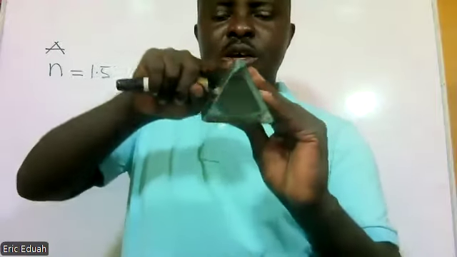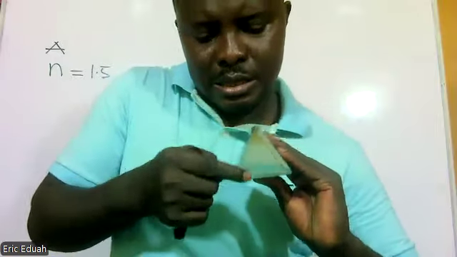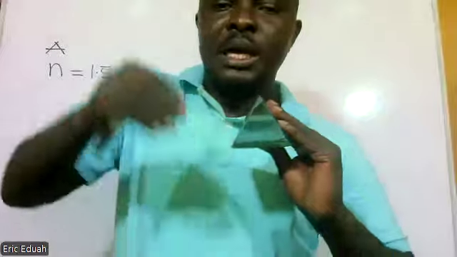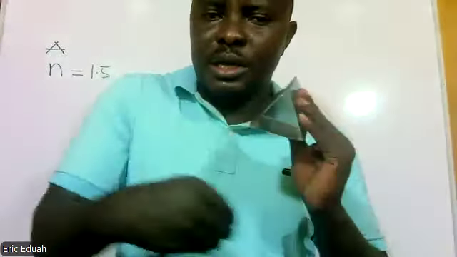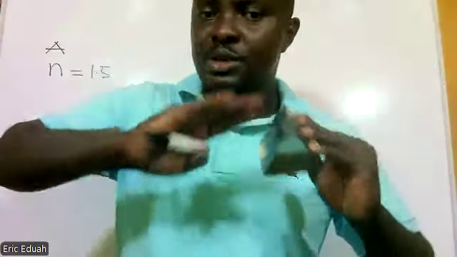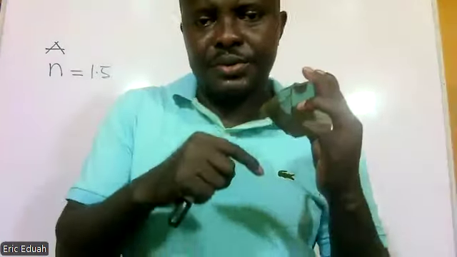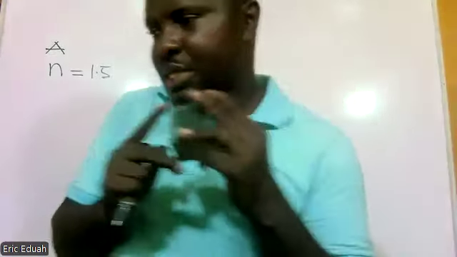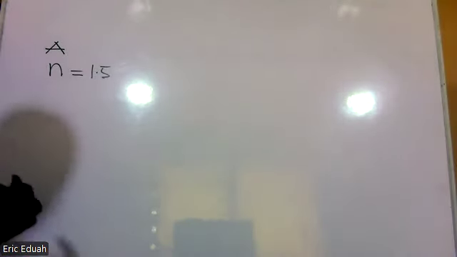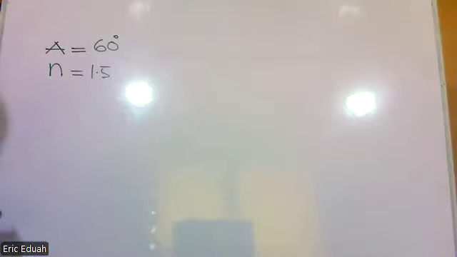It means that all the angles are 60, 60, 60. So if the prism has equal angles, then it qualifies to be known as an equilateral triangular prism. And so the refraction angle or the angle of the prism is 60. Prince, are you okay? Okay, so this is 60 degrees.